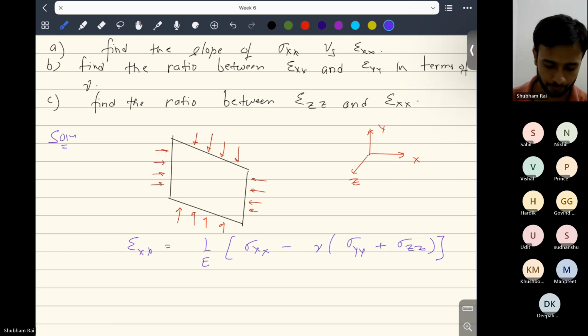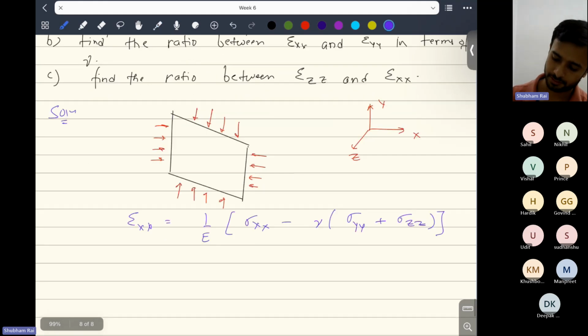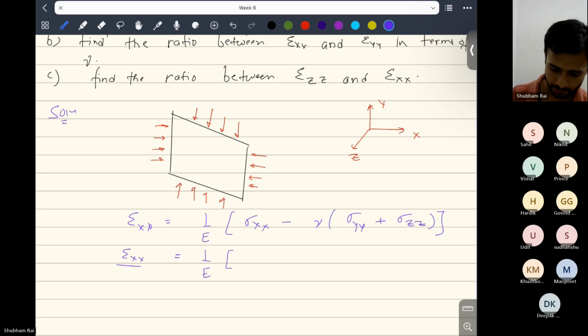And it's given to you that sigma zz is 0 here, so you just put the value of sigma zz. So you will get 1 over E sigma xx. You can just divide by sigma xx also, because there is a ratio.